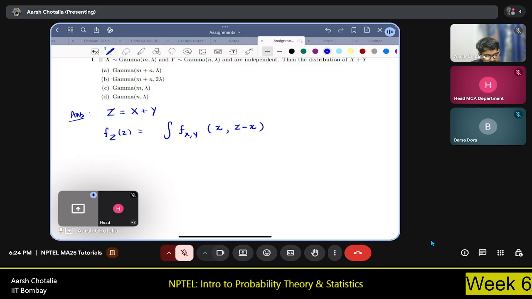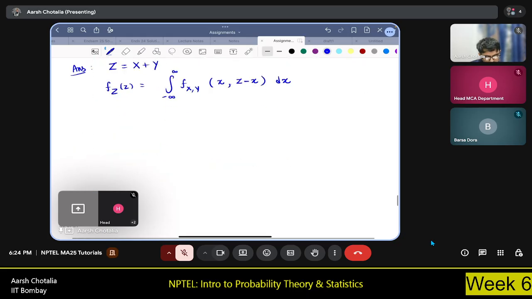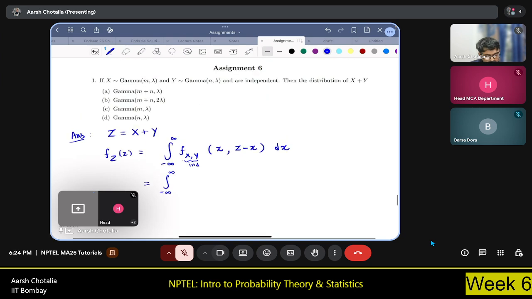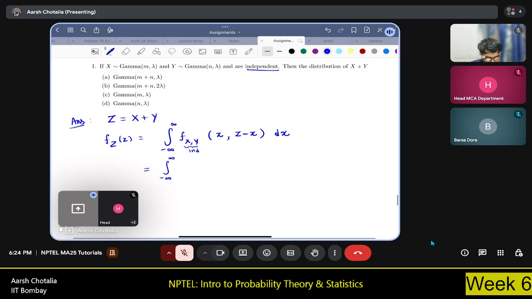Why? Because the sum has to be z, dx. And this in principle goes from minus infinity to infinity. These two are independent, right? It is given independent. So I can split it in terms of the product of both of them. So this becomes f_X of x, and then f_Y of z minus x, dx.